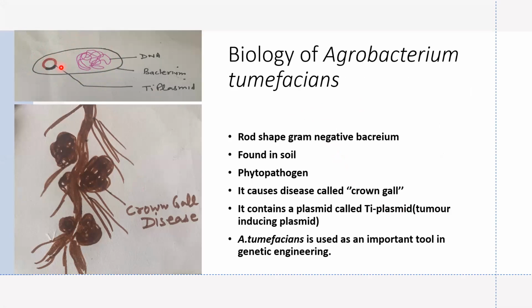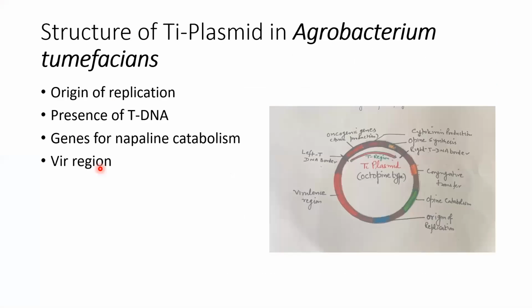This plasmid has T-DNA, so this is called Ti-plasmid. Now, this T region is responsible for causing the disease in the plant called crown gall. Due to this property, scientists had an idea that if this T-DNA can integrate into the DNA of the host cell, this can be used for the purpose of gene transfer in higher plants.